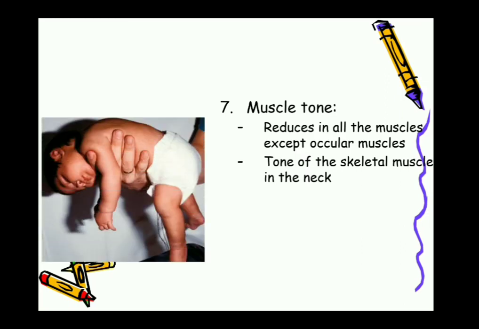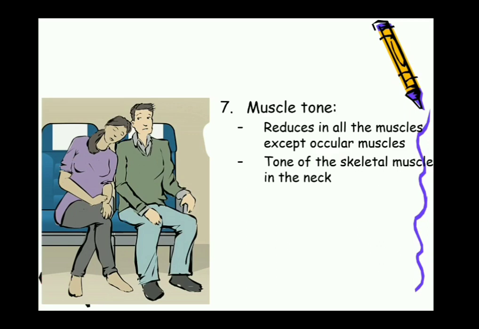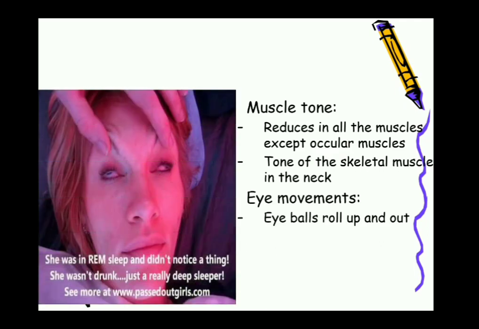You can see here, tone of the skeletal muscles in the neck is also markedly reduced. When we fall asleep, we can fall down. Eye movements: you can see eyeballs roll up and out. It is due to flaccidity of external ocular muscles.